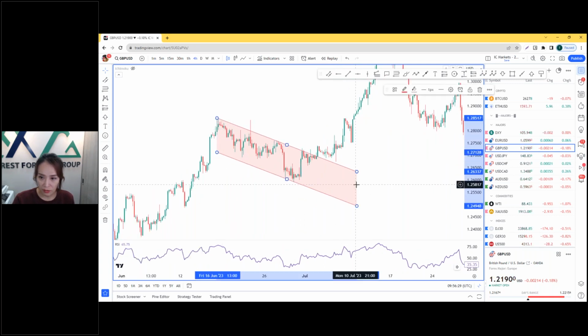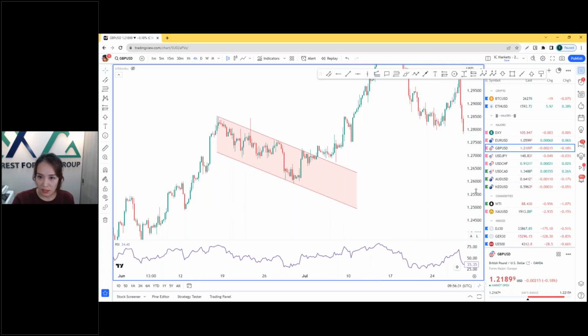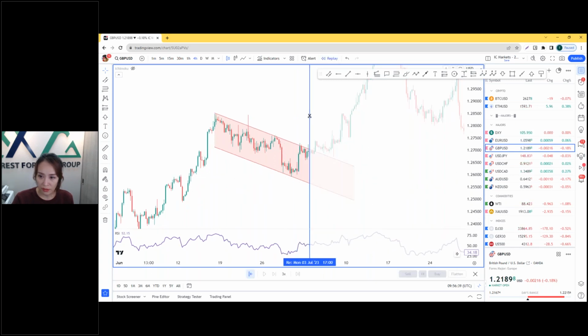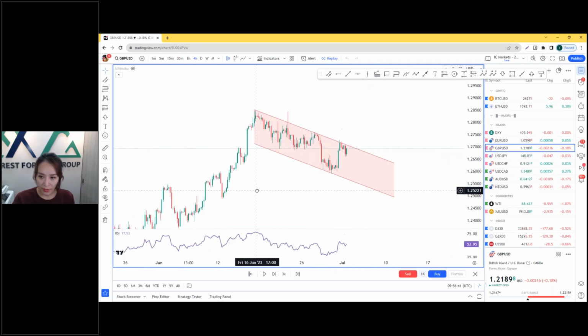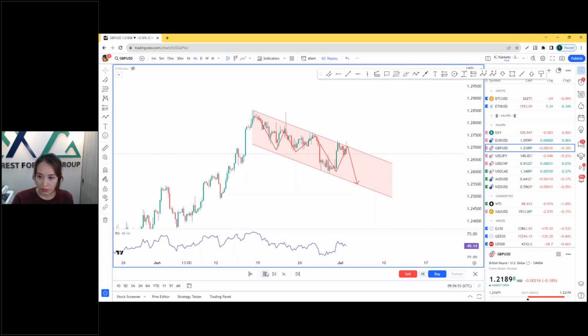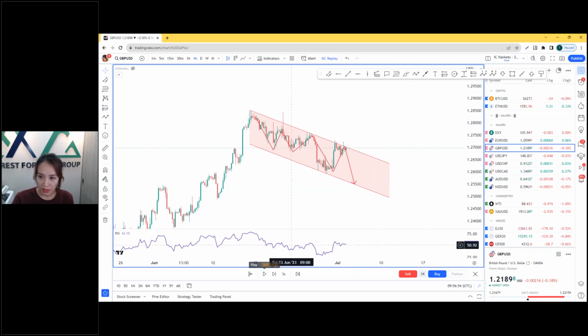And what you can see over here, it touched 1, 2, and 3 times, and the bottom also 2 times. And before the price comes somewhere here, you know that price is still on downtrend because it's still within the bearish channel line here. All right, and it still touches, right?